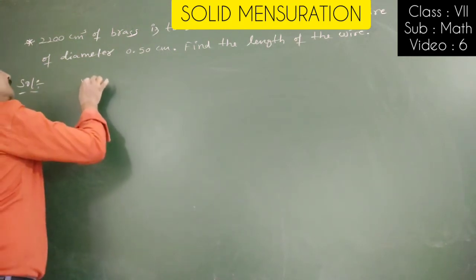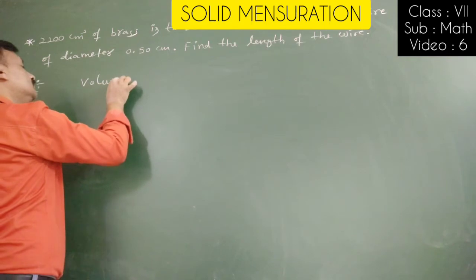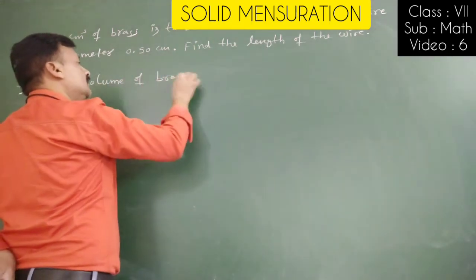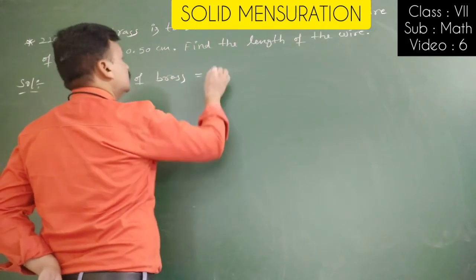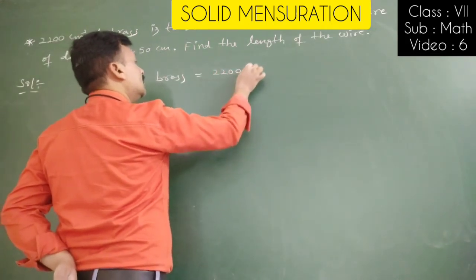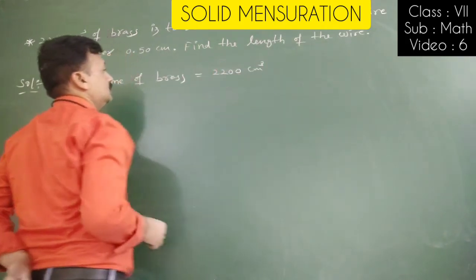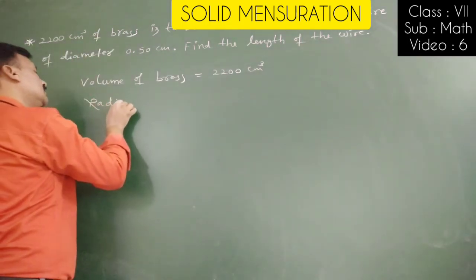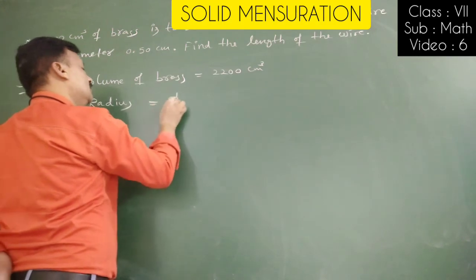Volume of brass, cylindrical brass, equal to 2200 centimeter cube, and radius is given as d by 2.